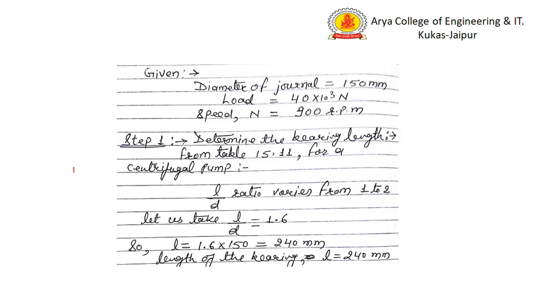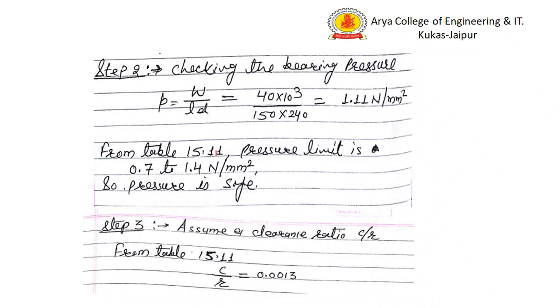In step 1 we found that the length of the bearing is 240 mm. In step 2 we calculated the pressure, 1.11 Newton per mm square. Then we check the pressure from table 15.11. The pressure is safe.